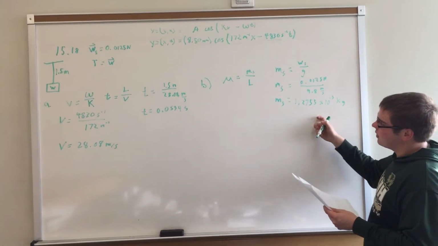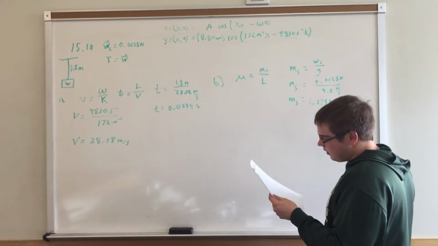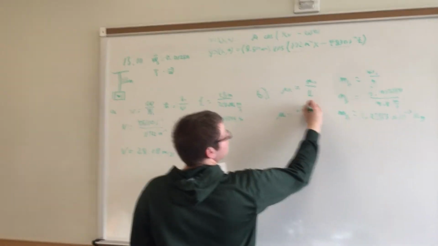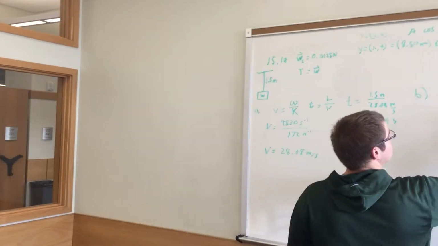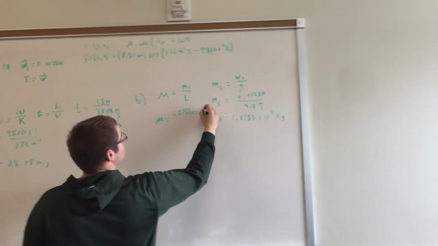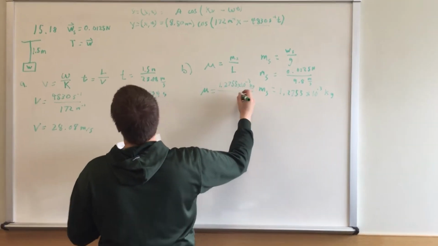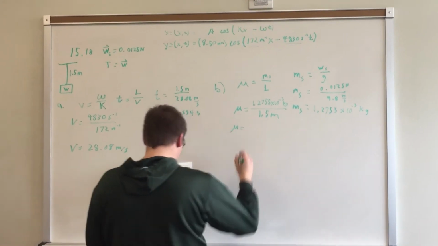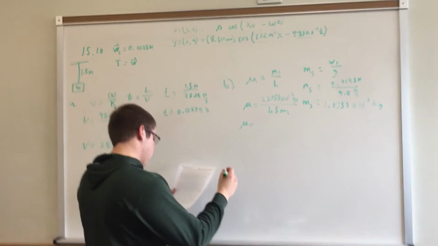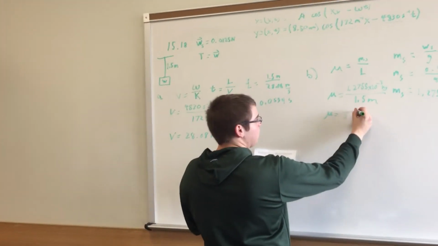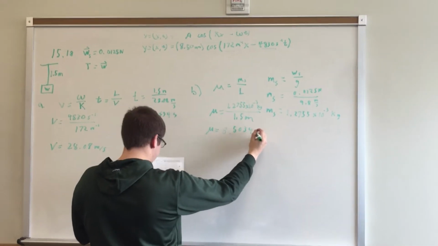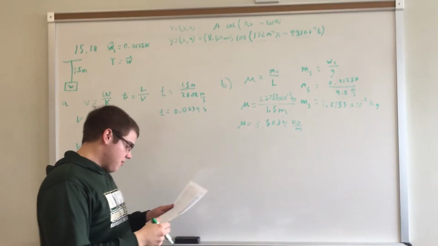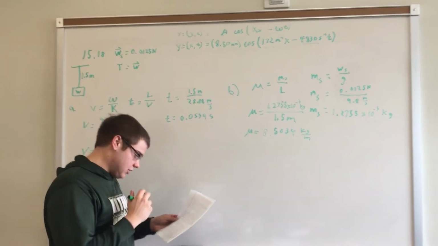From there, we can plug this back into this equation, and we get our mass per unit length is equal to 8.5034 times 10 to the negative fourth kilograms per meter.